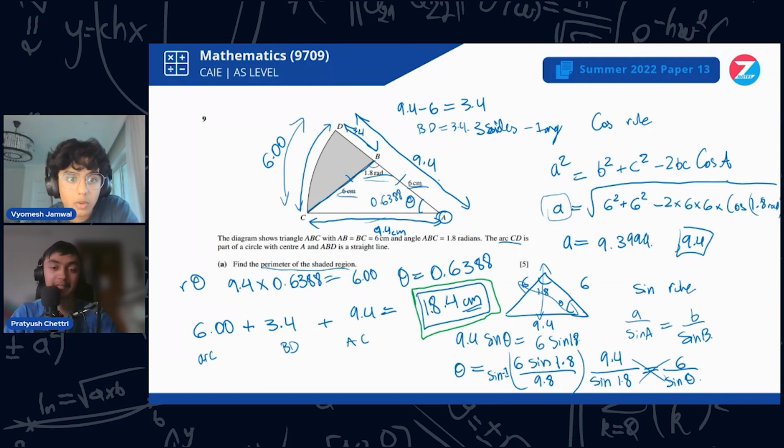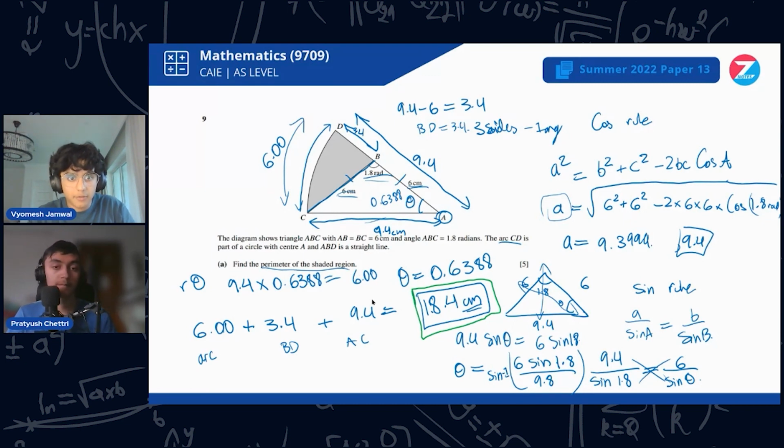I think maybe with your arc. Are you sure it's 6? Because, well, let's see. Let me calculate. Yeah, it is.